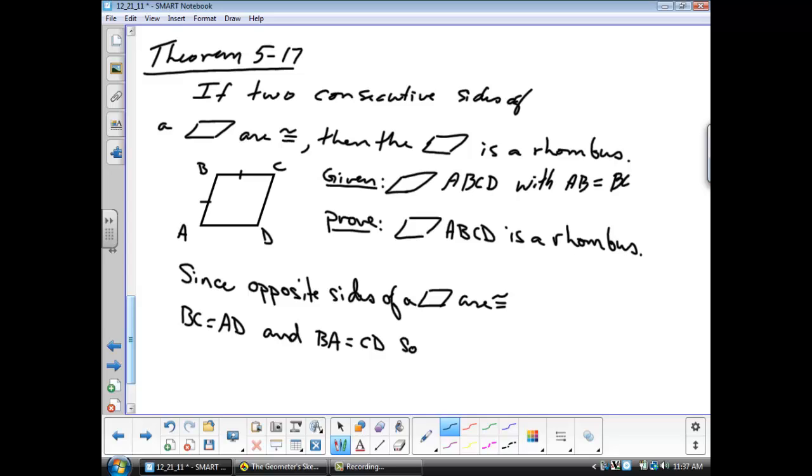So from the given, then all four sides are equal, which is AB equals BC equals CD equals AD. Which means ABCD is a rhombus by definition.